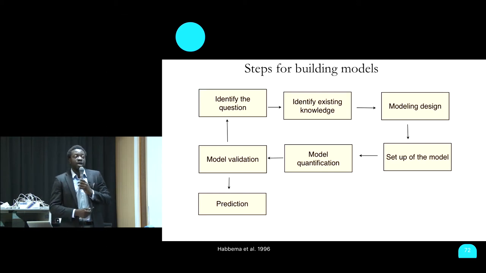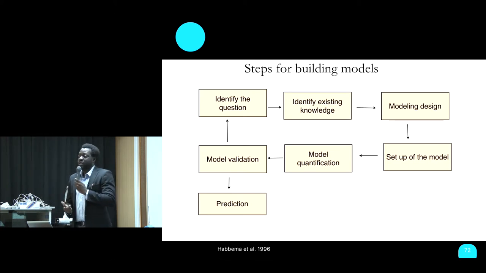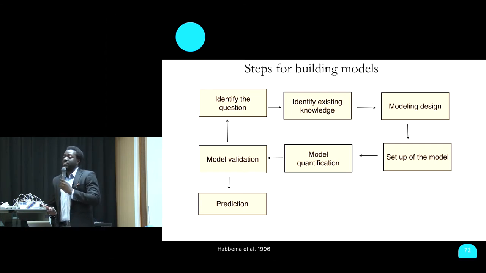The next step you have there, what we call modeling design. It's a sort of study design for mathematical modeling. And then you start setting up the model, like putting everything together. Model quantification, we're gonna see it later. And model validation, you want to make sure that your model really works, and if it's really a good one.